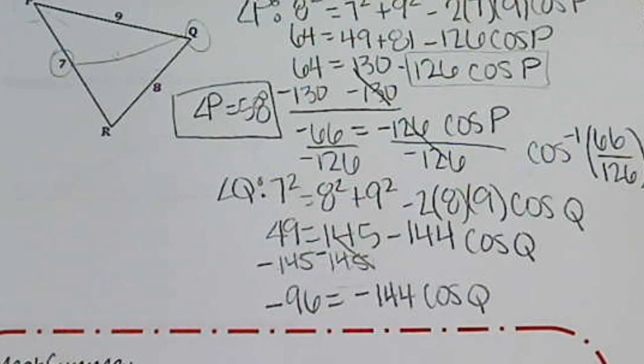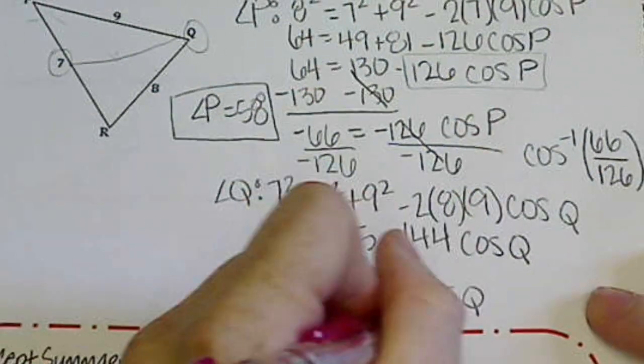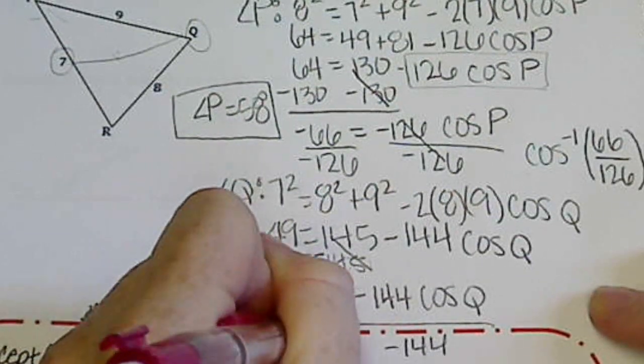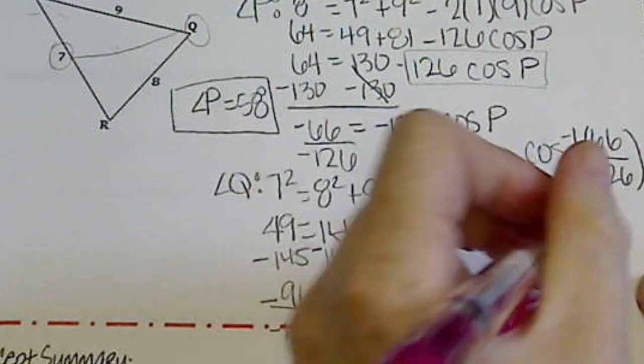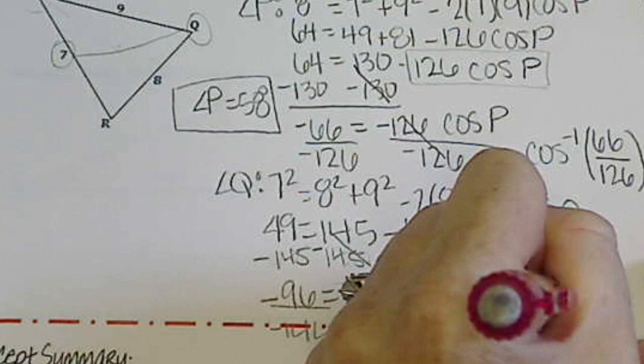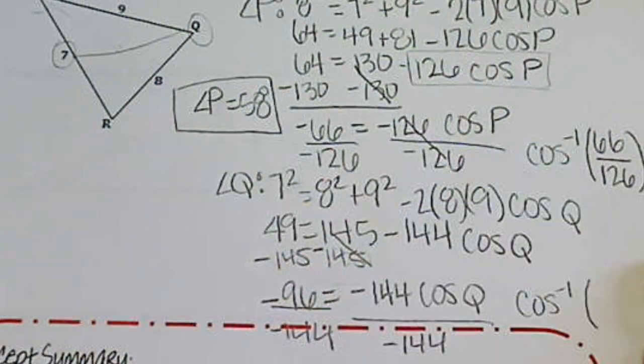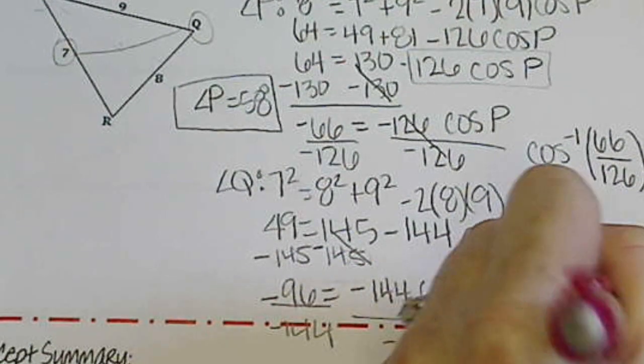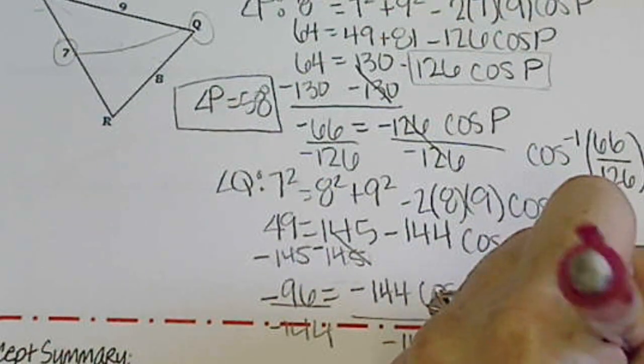Yeah, you can divide by negative 144. And there we go. Now we have some lead. So the Q is going to equal the cosine inverse of 96 over 144.